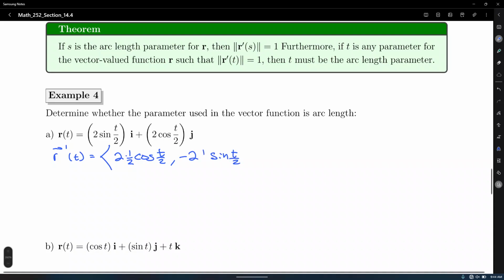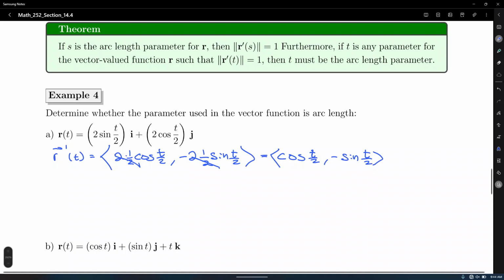The derivative of T over 2, again, is 1/2. All right, divide out, and that is cosine of T over 2, comma, negative sine of T over 2.